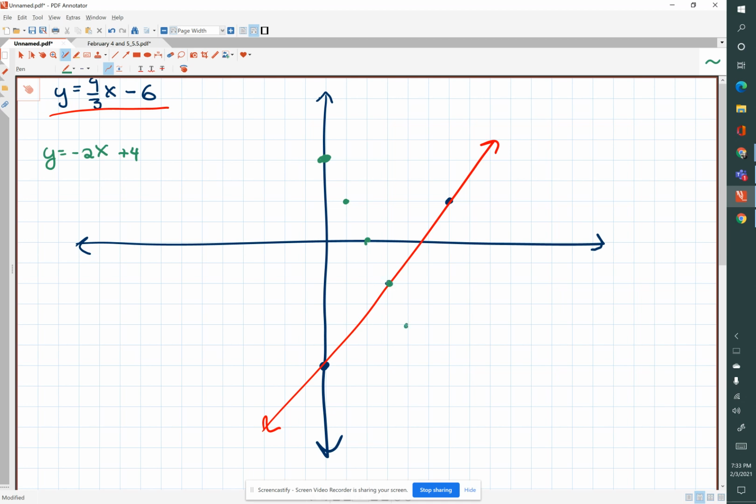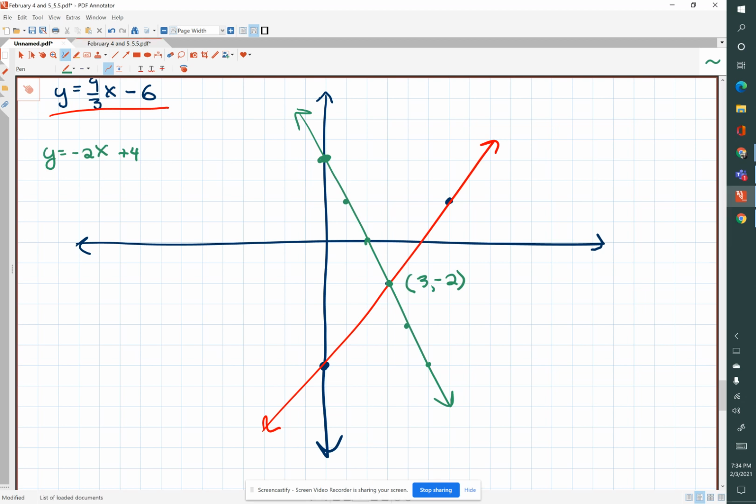We can actually see our solution already. So let's graph that carefully in green. And we can clearly see our solution here, which is positive 3, negative 2.